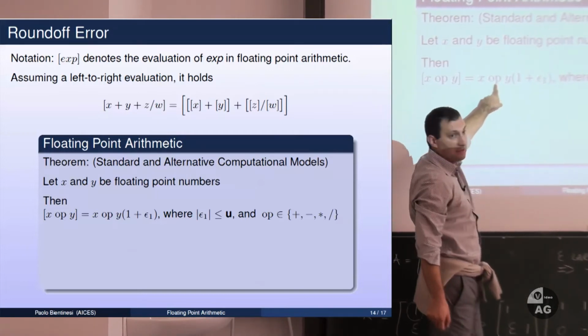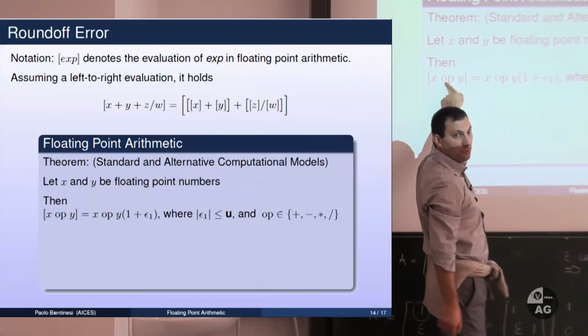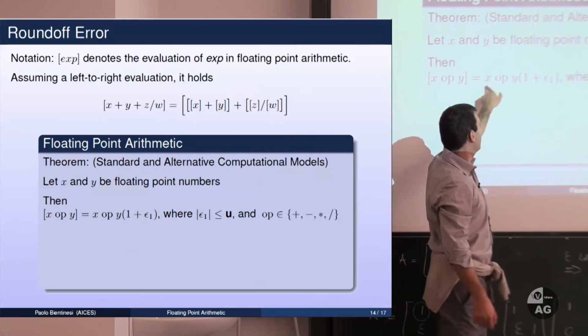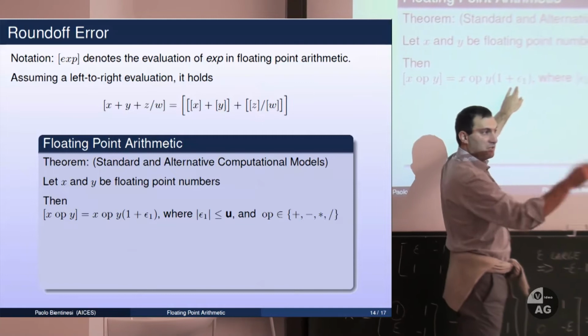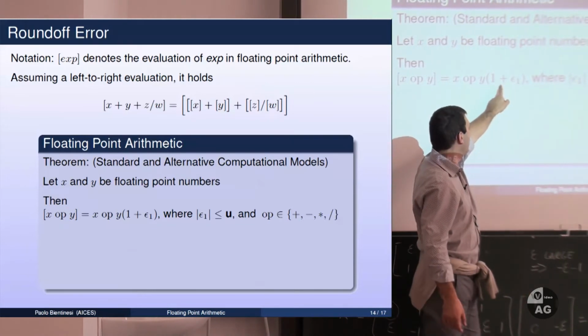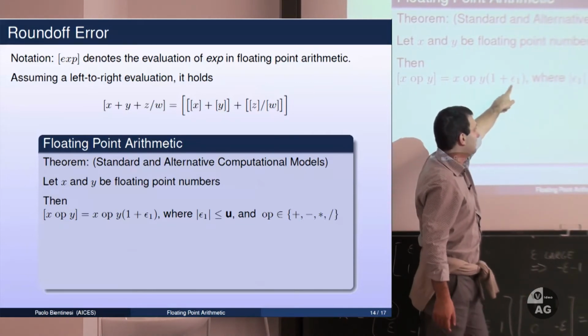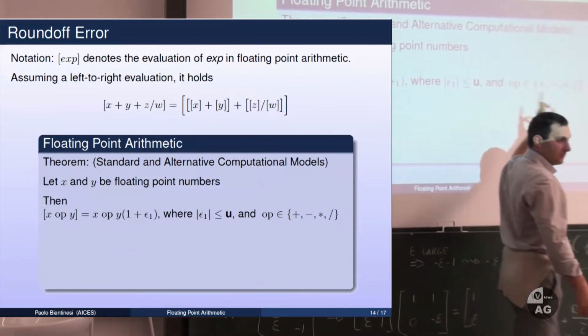This is the mathematical op, this is the computer op. These are the mathematical x and y, perturbed with a relative error of 1 plus epsilon. And once again, epsilon is smaller than u.